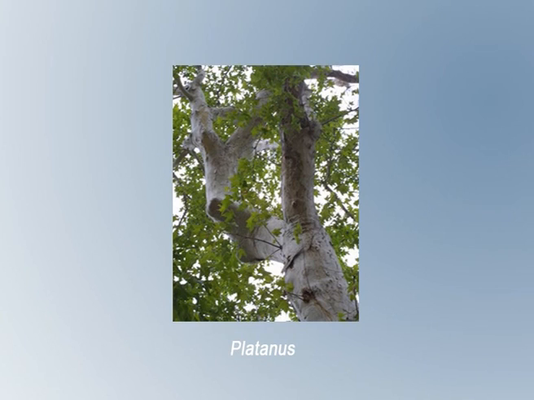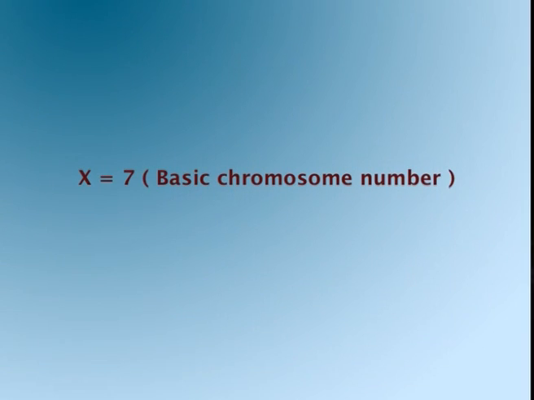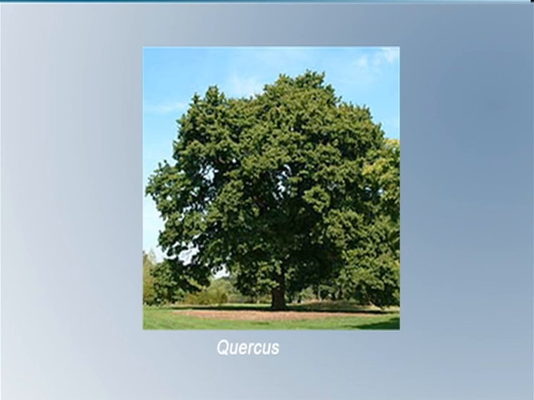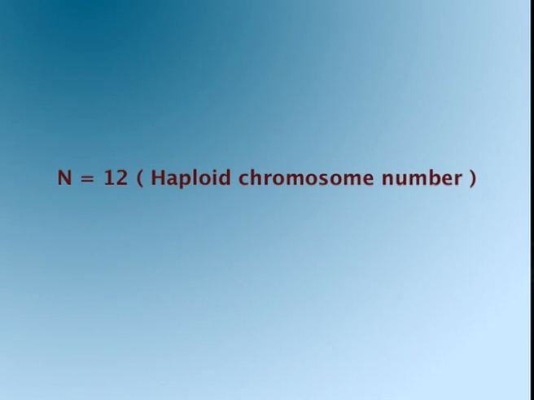All individuals within a genus usually have the same chromosome number. For example, all known species of Platanus have x = 7 basic chromosome number. All species of Quercus have n = 12 haploid chromosome number.